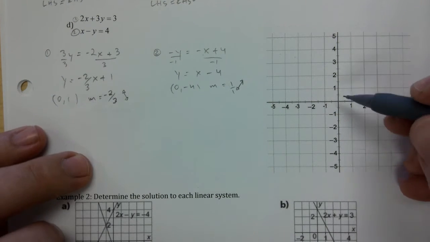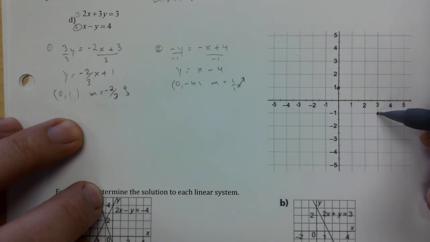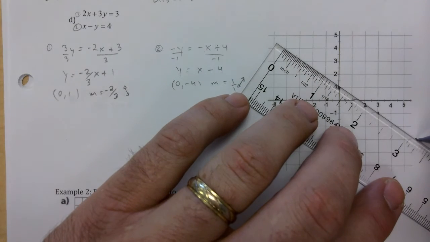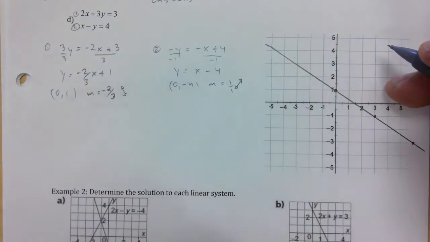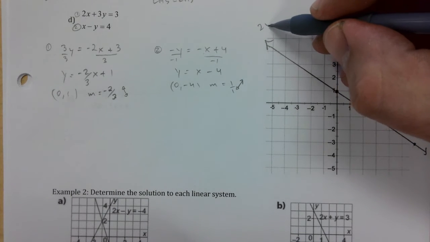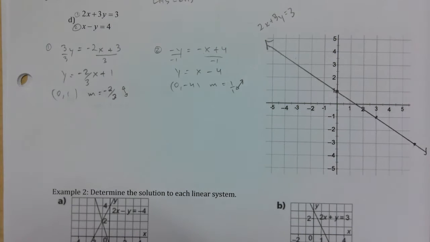Okay, so 0, 1 is here, and then it's 2, 3, right about there. Draw your line. Go past the points. And we have 2x plus 3y is equal to 3 here.